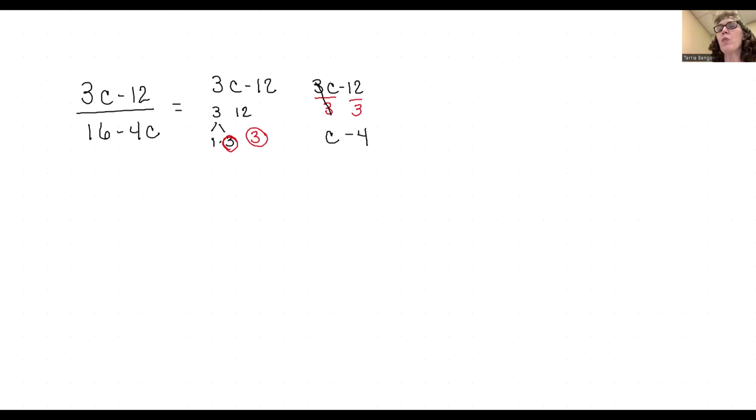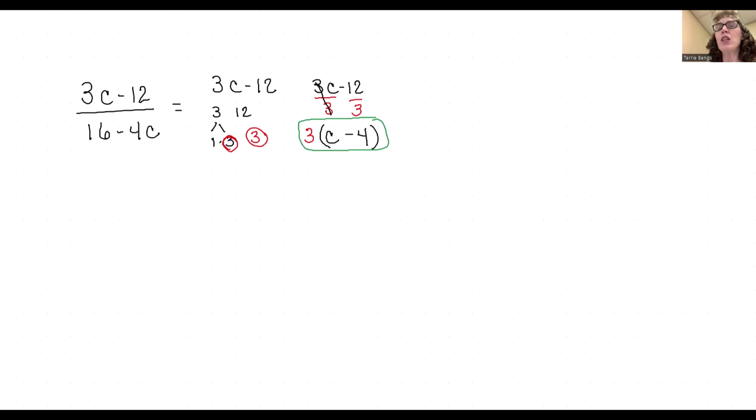Don't forget, we have to put our parentheses, and then we always have to come back and put our greatest common factor right back in front of our parentheses. Okay, so this is going to be the top part. We have factored out the numerator.